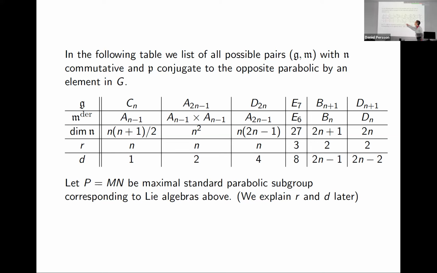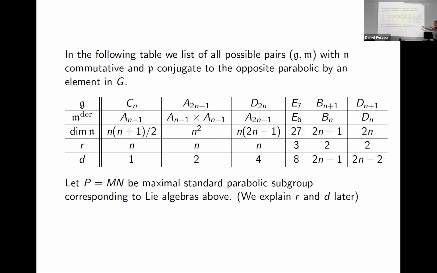and actually for GLN all the parabolics have commutative nilpotent radicals, but only if you have the same block or blocks of the same sign, you have this other condition satisfied. So the same for say orthogonal groups. Of course, they're actually not orthogonal, there's a spin group, so I want them to be simply connected. And we have this E7 here, and here we also have the situation for spin groups.